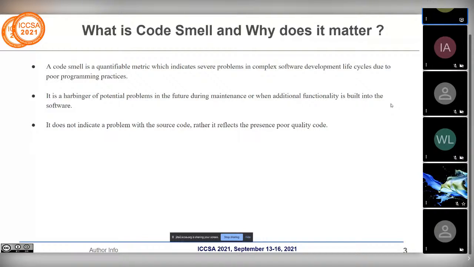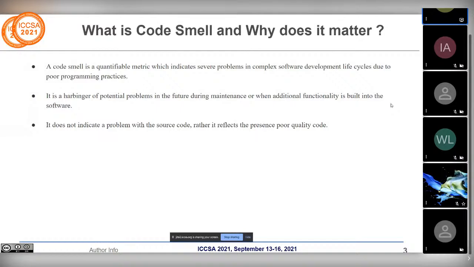That practice is not particularly good because it will not allow the class to expand. That class can be bifurcated and maintained in a much better way if we maintain smaller classes. So it does not always mean that there is a problem with the source code, but it reflects the poor quality of work that has been done.